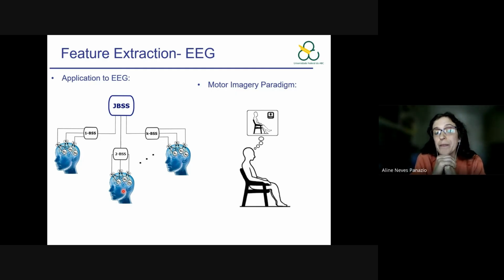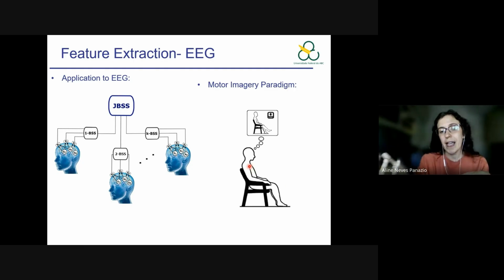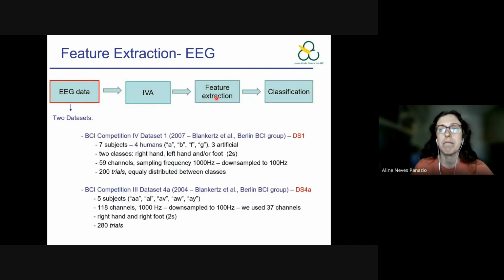In motor imagery, the subject imagines a movement, so it imagines that it's moving the right hand, left hand, foot, and we hope that since it is a very well-defined task, different subjects, for example, imagining that they are moving their right hand, will give rise to EEG signals that present some correlation. And we want to explore this correlation through IVA.